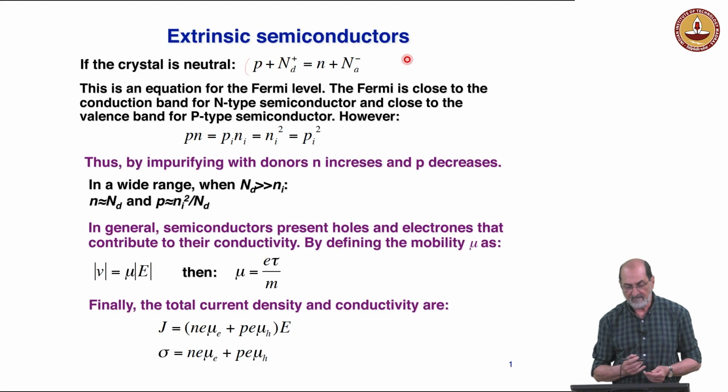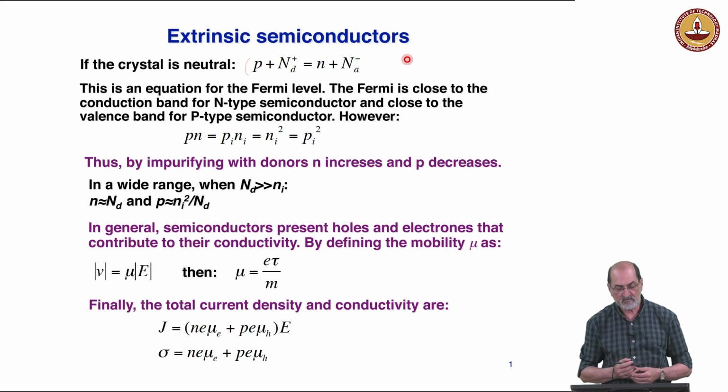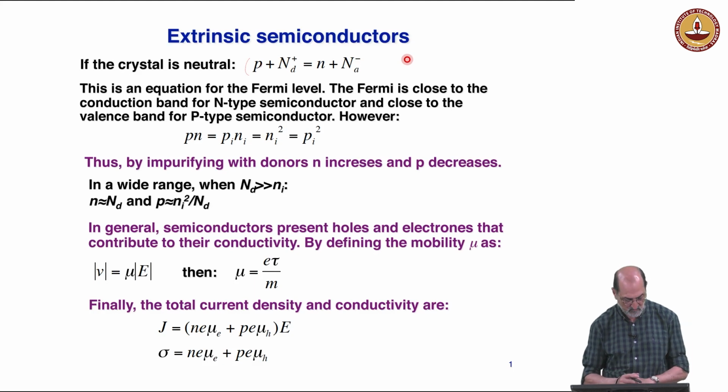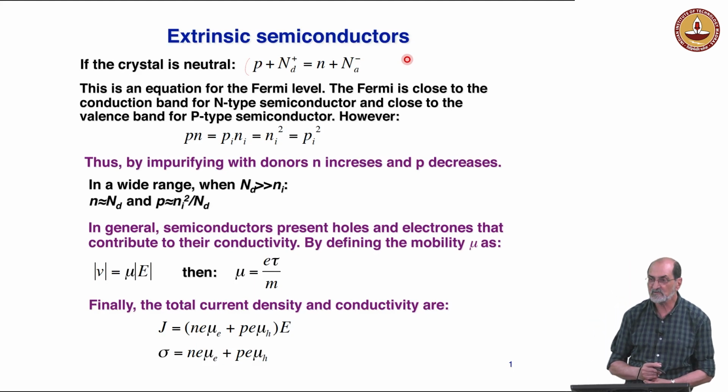Well, what is the only parameter we have to make the density of positive charge equal to the density of negative charge? The only adjustable parameter we have is the Fermi level. So the Fermi level is determined by this condition. In the case of n-type semiconductors, the Fermi level is going to be close to the bottom of the conduction band.